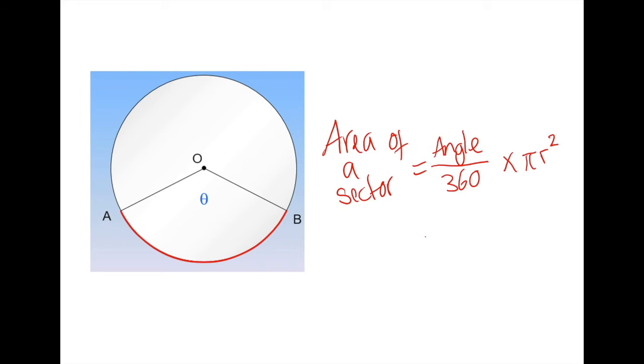And how we write that down is the angle is given this letter here. This letter is called theta. Okay, so the way that we draw theta is we draw like an O or a 0 and then put a little line through it. Okay, so it's theta over 360 multiplied by pi r squared, and that is the formula that we need to remember. Okay.